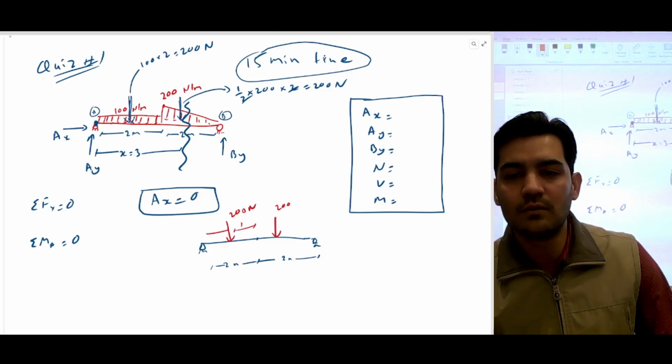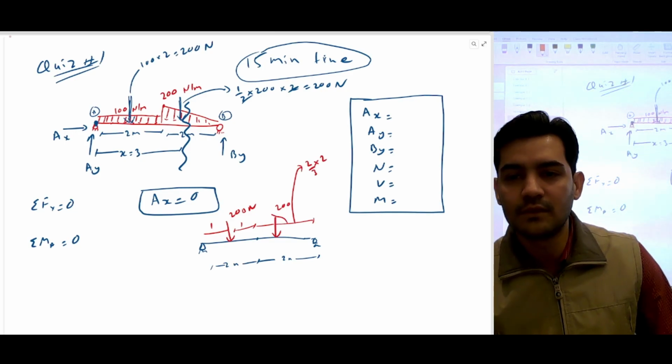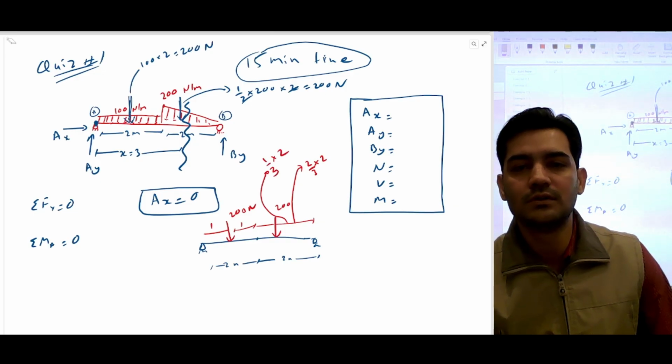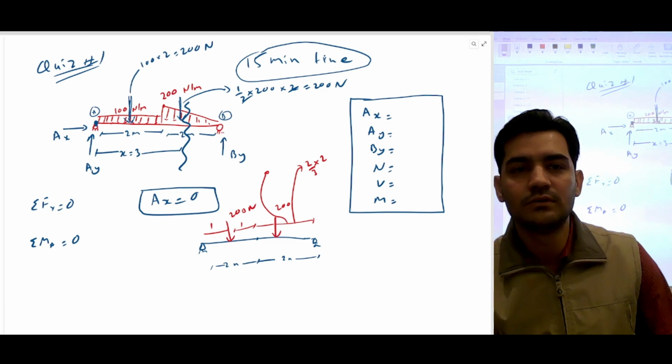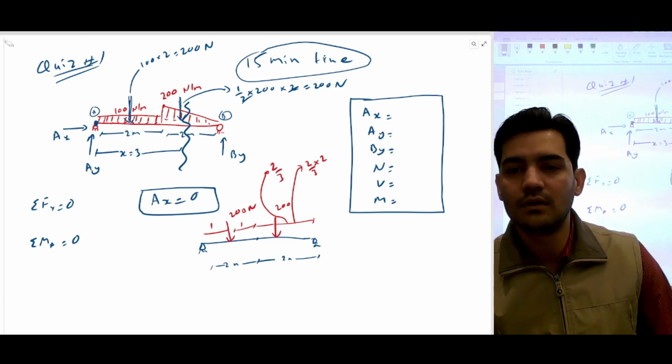This distance is 1 meter, 1 meter, and this distance is 2 by third of 2 meter. This distance is 1 by third of 2 meter. So this is going to be 2 by 3, and this is going to be 4 by 3 meter.